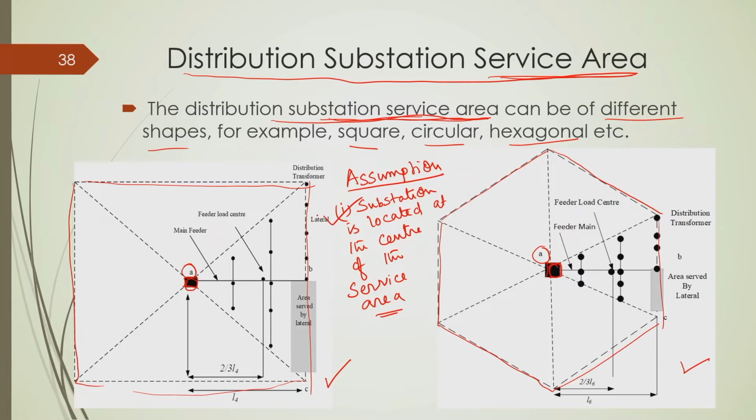So, all this analysis is based upon the assumption that the substation is centrally located, which may not be true for many practical distribution systems, but in this analysis we assume it is centrally located.